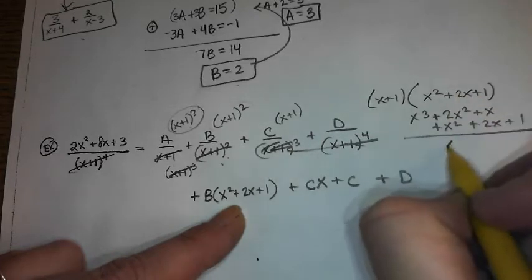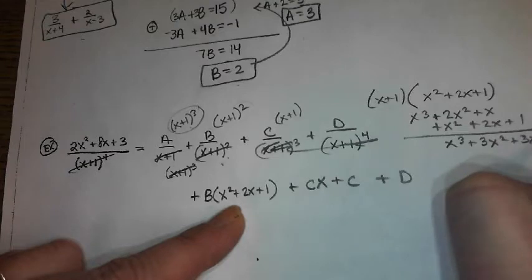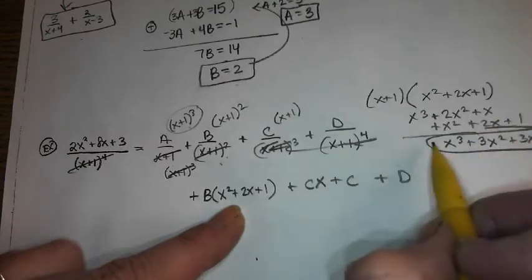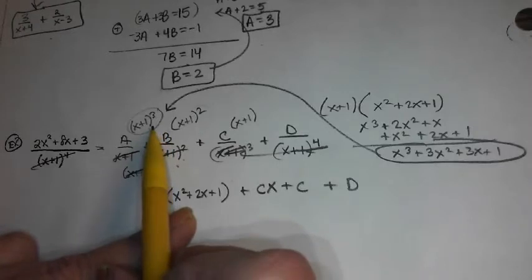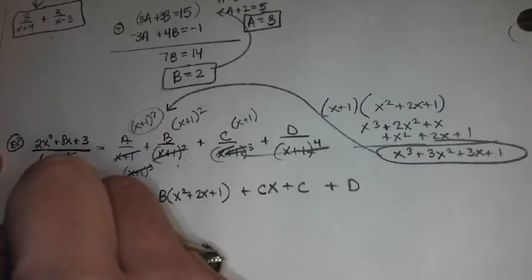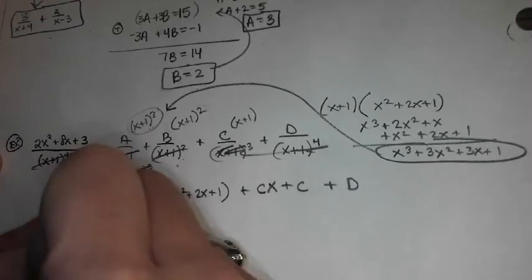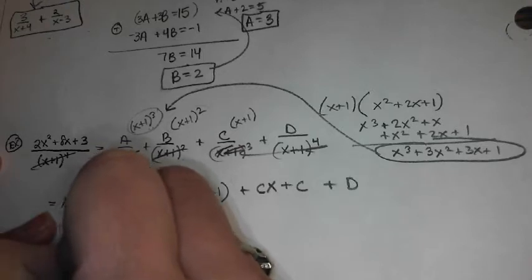So that's all in all going to be x cubed plus 3x squared plus 3x plus 1. So that is x plus 1 cubed. We just need to distribute an A to it. So that's going to be Ax cubed plus 3Ax squared plus 3Ax plus A.